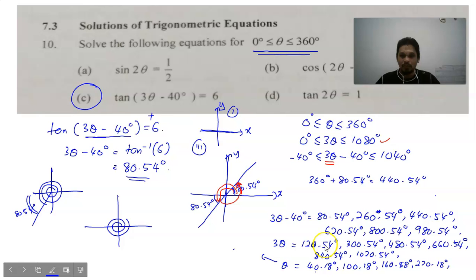So then we got 6 angles here, 1, 2, 3, 4, 5, 6. And then from 3 theta, we divide by 3.